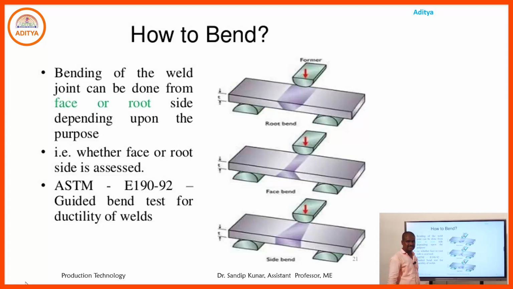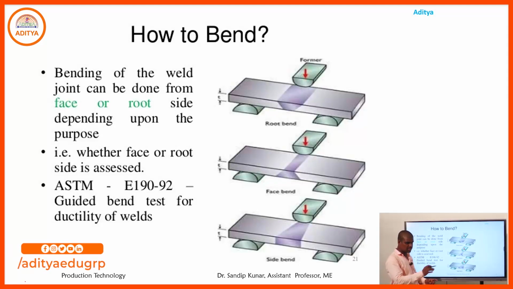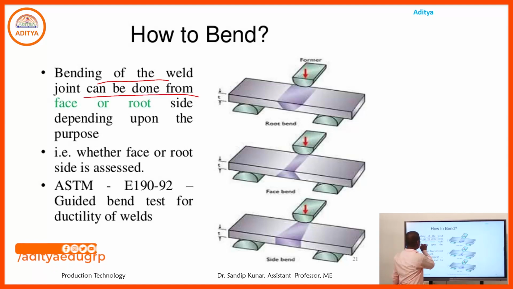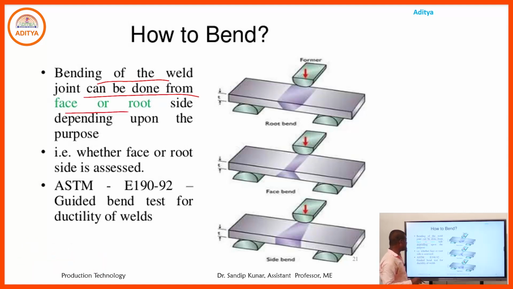How to bend a welding joint? First, bending of the weld joint can be done from the face or root side depending upon the purpose. Here we want to bend across the surface.